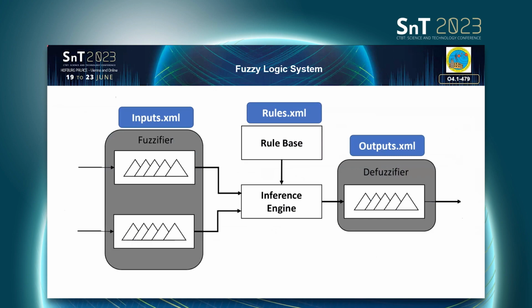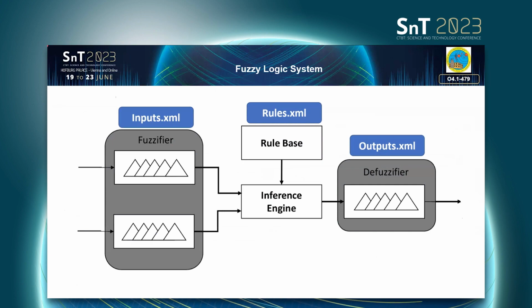The fuzzy logic system consists of four parts. The input part, which works as the fuzzifier or fuzzification stage, converts the real values for the goodness into a fuzzy domain.